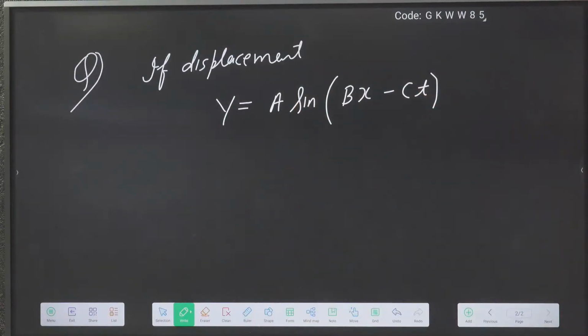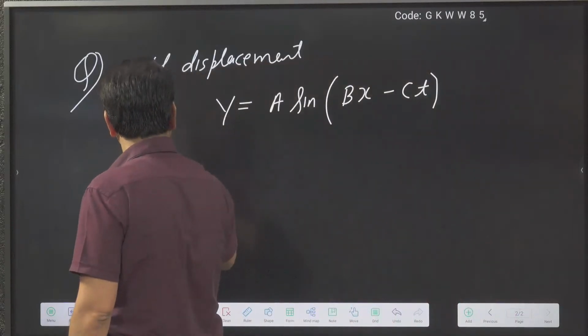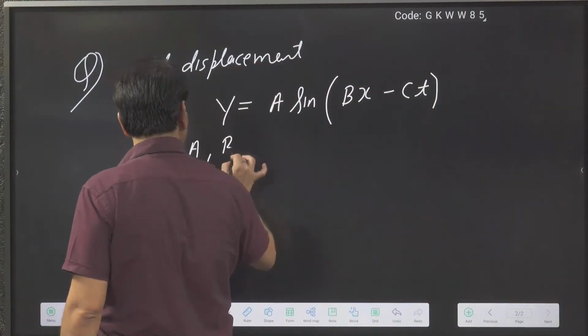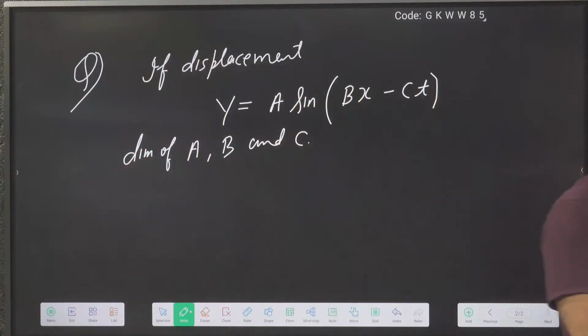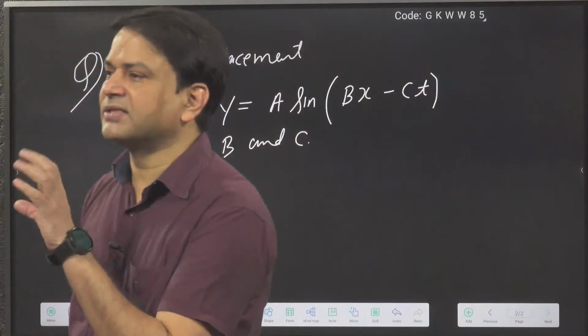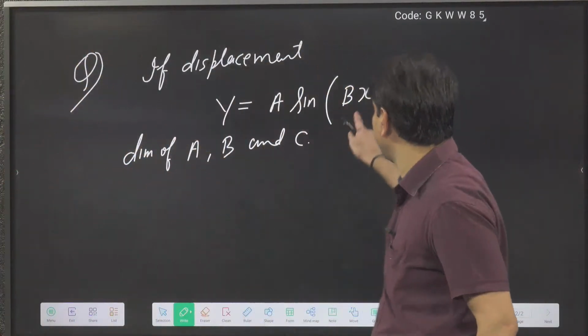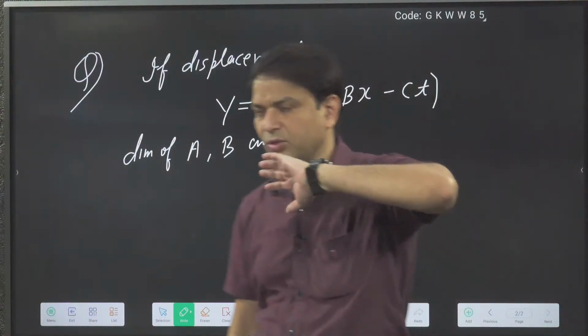What is the dimension of A, B and C? Dimension of ABC. So here first thing, homogeneity, everybody knows. Here BX and CT we are subtracting, so dimension of BX must be dimension of CT.